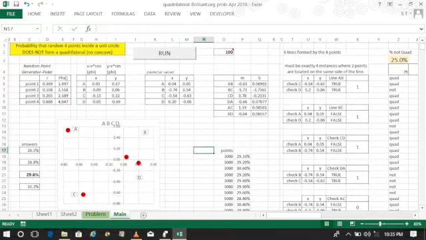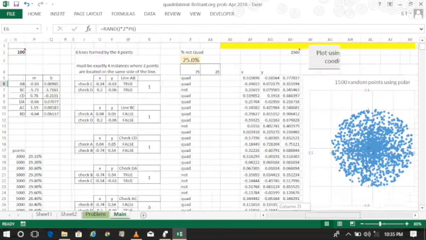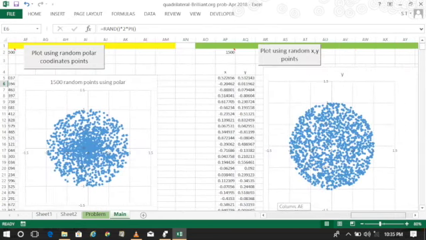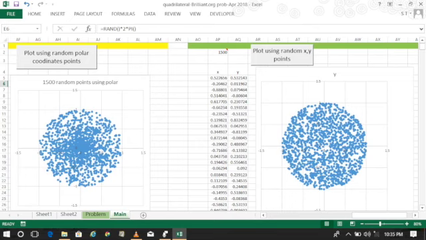We started out by randomly generating four points using a random r for the radius and a random phi for the angle, basically polar coordinates. But what I found is that the points generated using the polar coordinate system were heavily clustered around the origin, and I decided not to use that method of generating points.